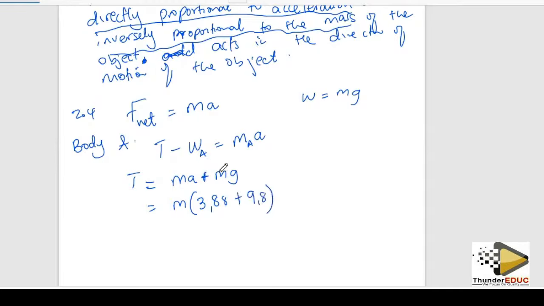So guys, I'm factorizing out the mass. I'll be left with the acceleration and then the gravitational force. So which means my tension is going to be, what's 3,88 plus 9,8? I'm getting 13,68, 13,68 M. I'm going to call this equation number 1.